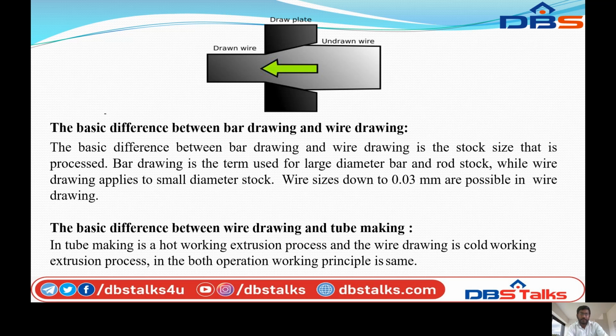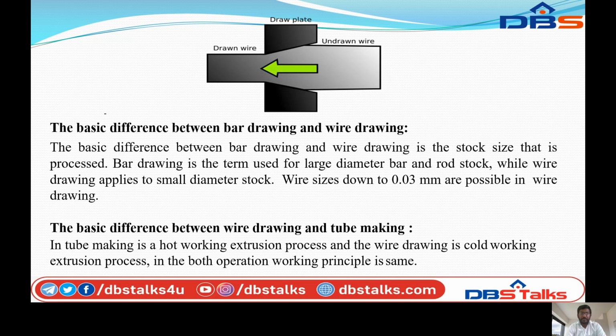We can see the figure. The figure shows the undrawn wire passing through the drawing plates. The drawn wire is created by reducing the number of rows of drawn plates. The wire will be reduced in size and thickness.